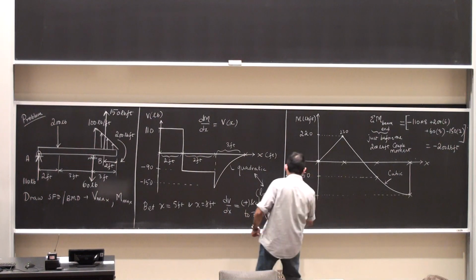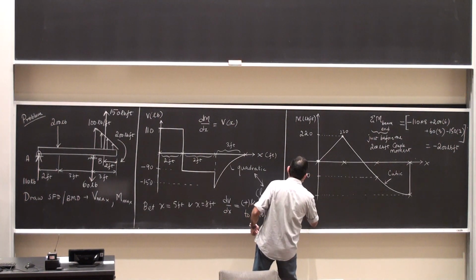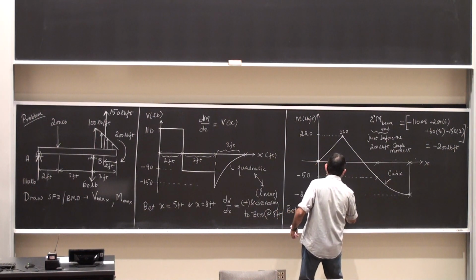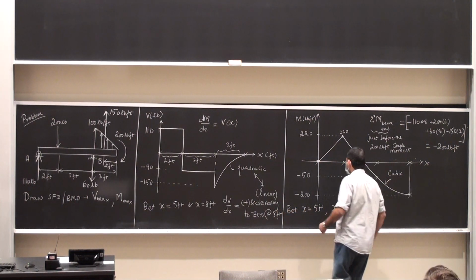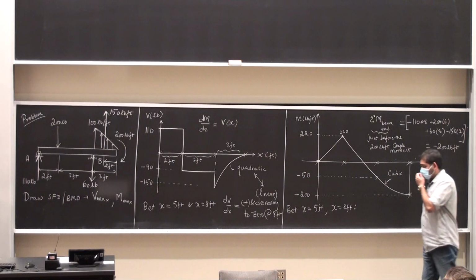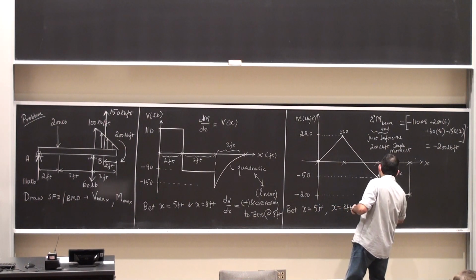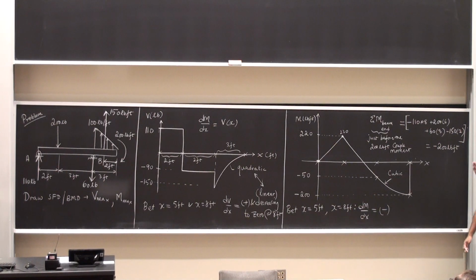So between x is equal to 5 feet and x is equal to 8 feet, dM by dx is negative, which means that I'm dropping down, negative slope, and it is decreasing in a quadratic manner.